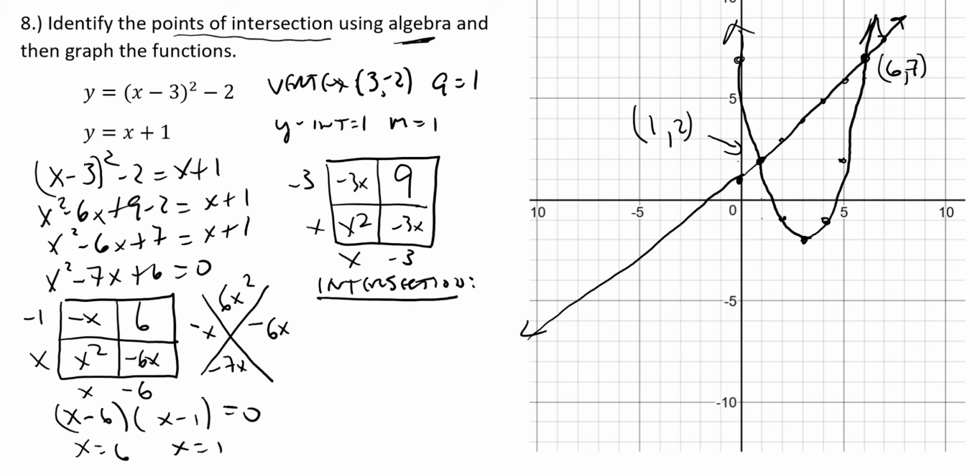How I'm going to do this is I'm going to use the easier formula. So you have y equals 6 plus 1. So y equals 7. So one point is 6, 7. And then the other one is y equals 1 plus 1, which is y equals 2. So when x is 1, y is 2.